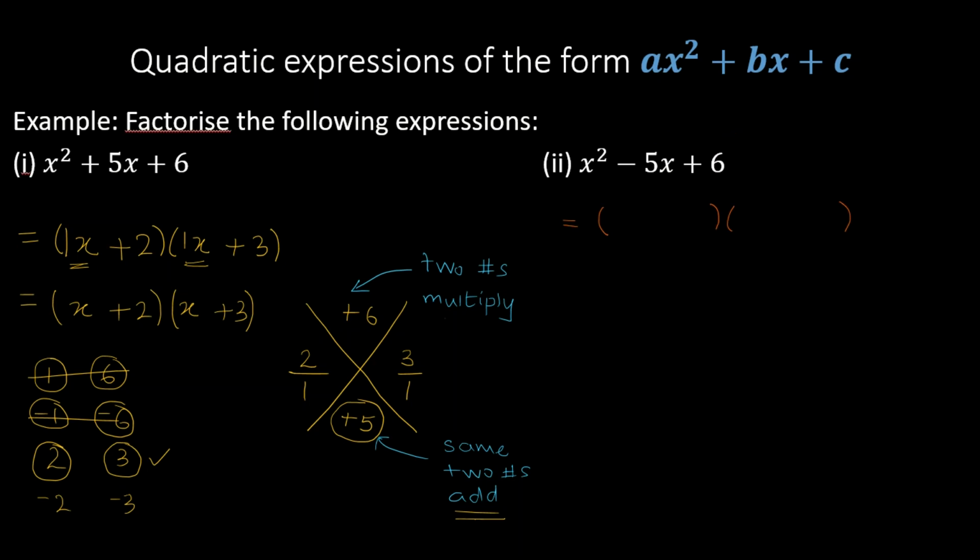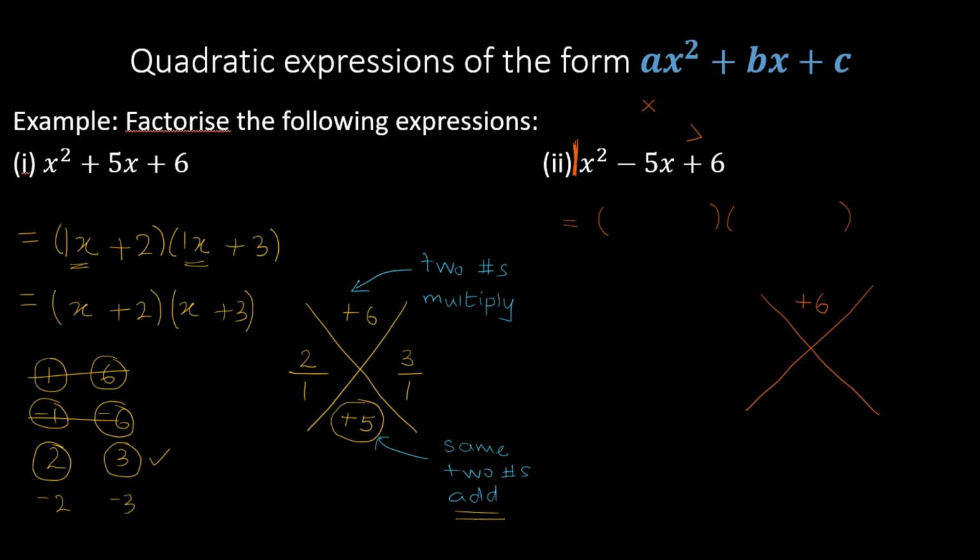Then what do we do? We draw our x. This is our magic x. We consider the leading coefficient, which is 1, and the last term, which is positive 6. We multiply these two: 1 times positive 6 is positive 6.